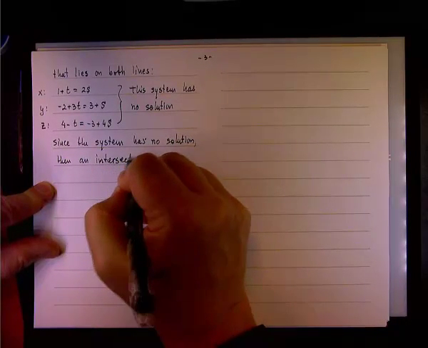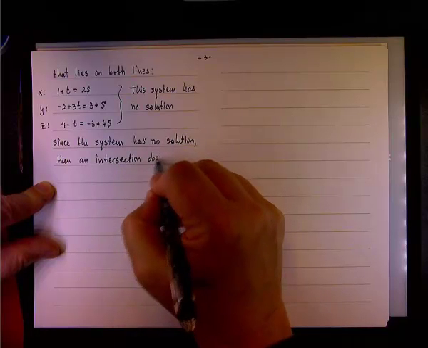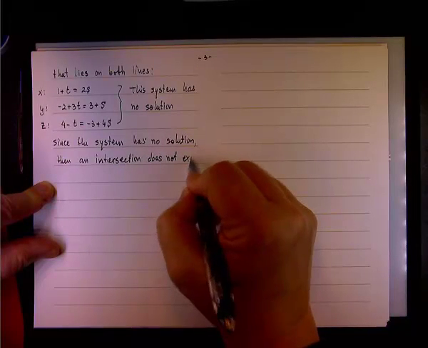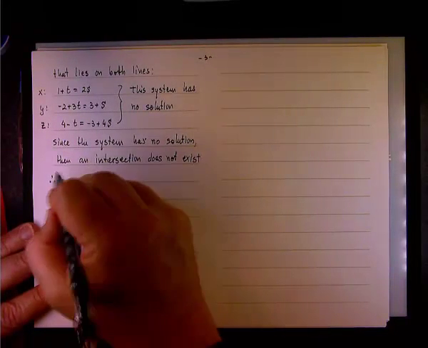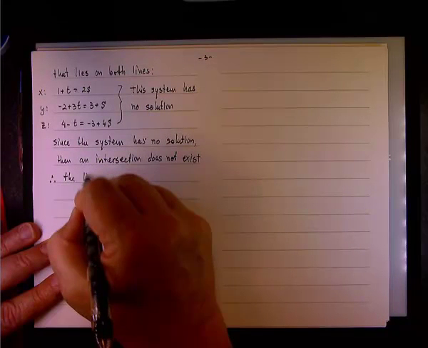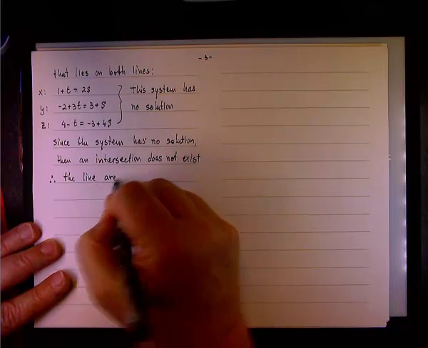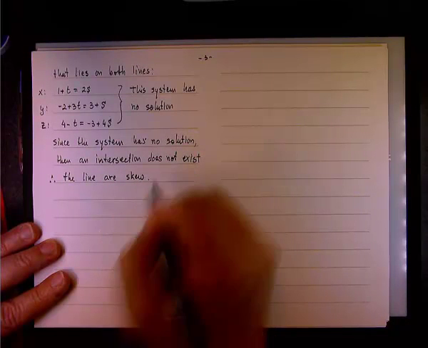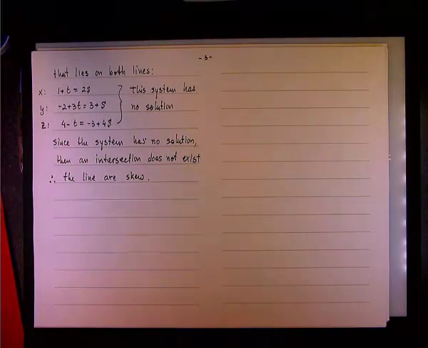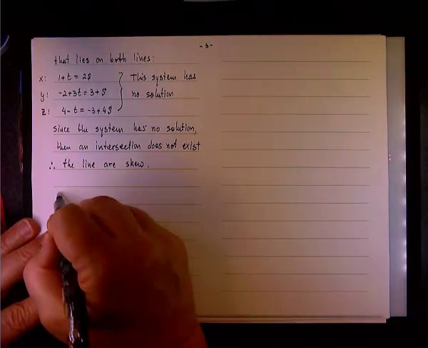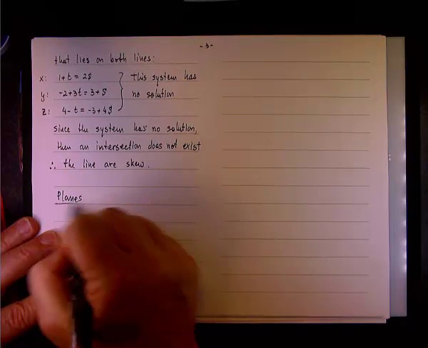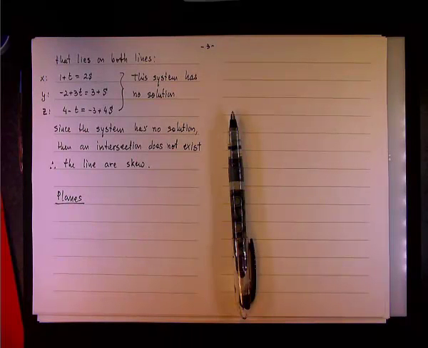In other words, since the system has no solution, then an intersection does not exist. So the lines are neither parallel nor intersect, therefore the lines are skew.